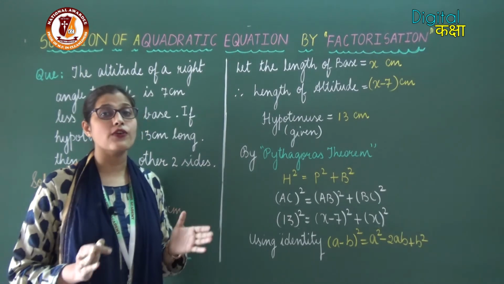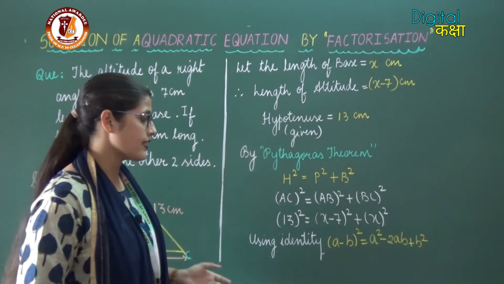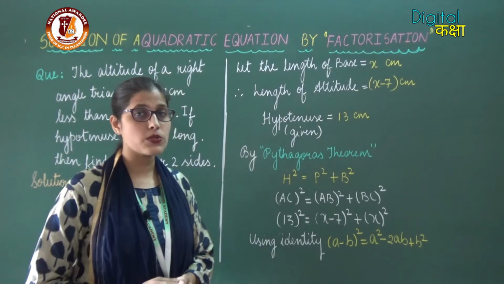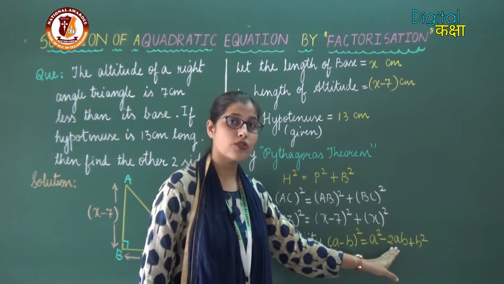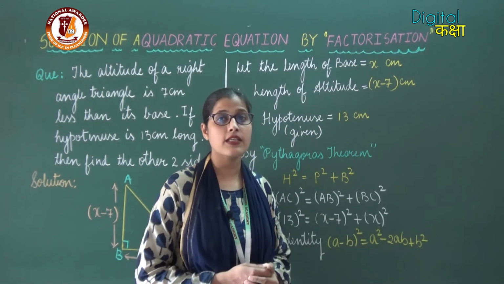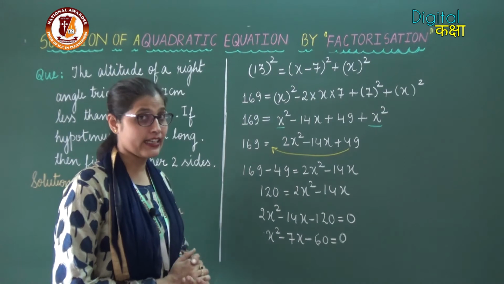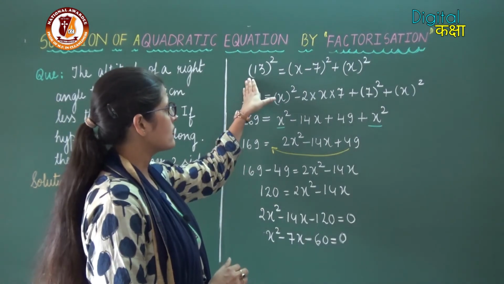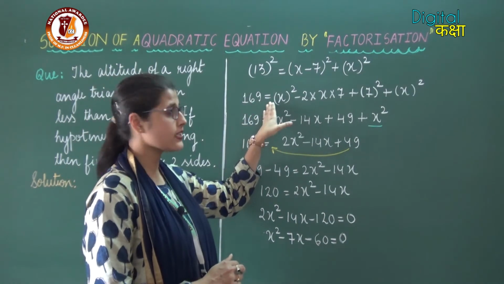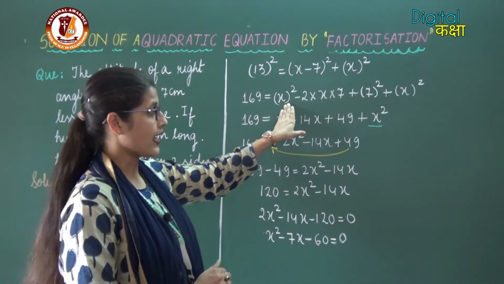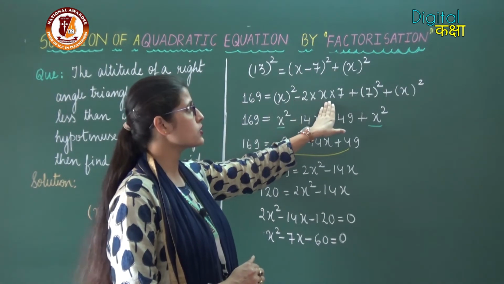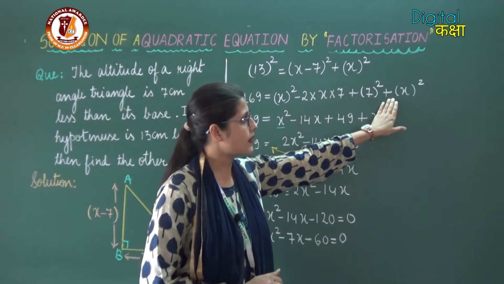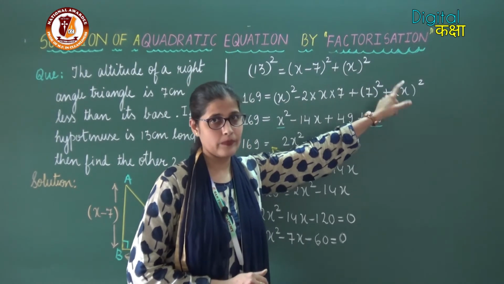Now to simplify it further, we will be using the identity a minus b whole square, which is equal to a square minus 2ab plus b square. On applying the identity, we will get the equation as 13 square, which is 169, equals x square minus 2 into x into 7 plus 7 square, plus the last x square.